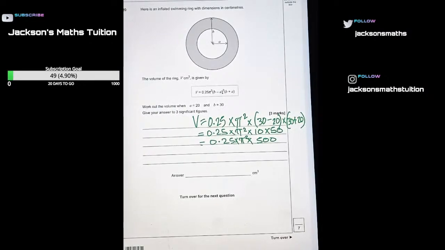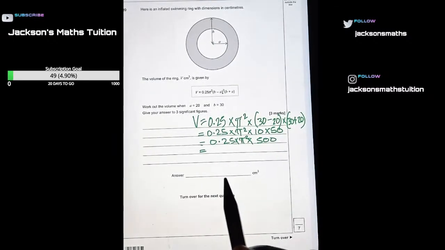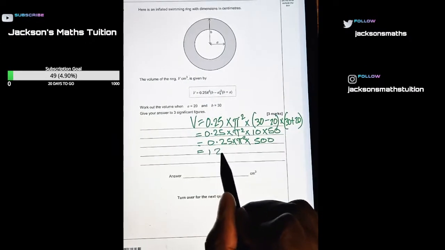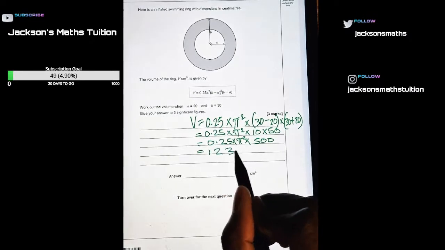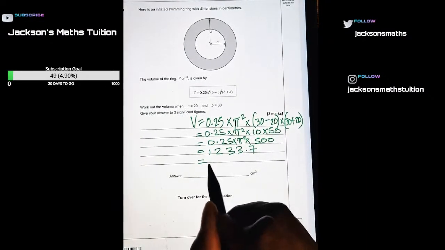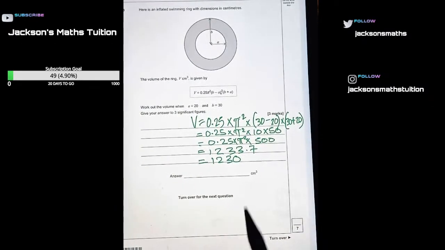If you write down the answer before rounding, it's going to be 1233.7. To 3 significant figures, you cut off at the 3 and replace the other 3 with 0. So this is 1230 centimeters cubed.